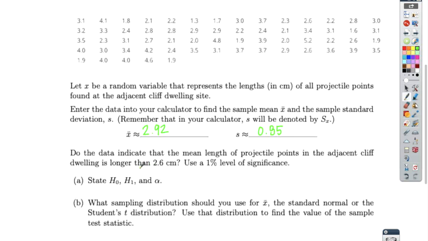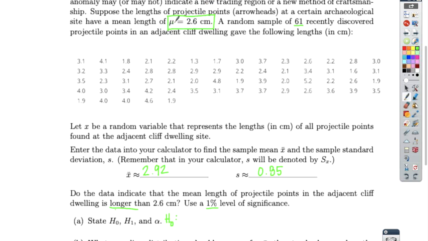The question is, do the data indicate that the mean length of projectile points in the adjacent cliff dwelling is longer than 2.6 centimeters, using a 1% level of significance? State H0, our alternate hypothesis, and alpha, the level of significance. Okay, so our null hypothesis is basically that nothing changed from the population mean that was already given in the problem. So still mu equals 2.6 centimeters.